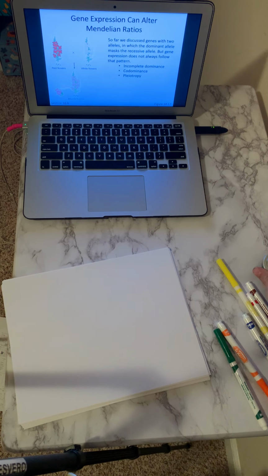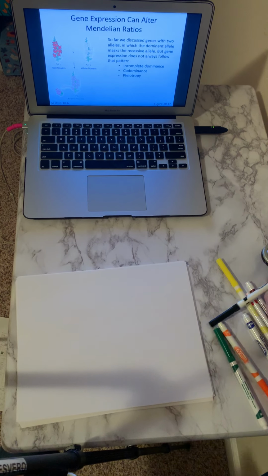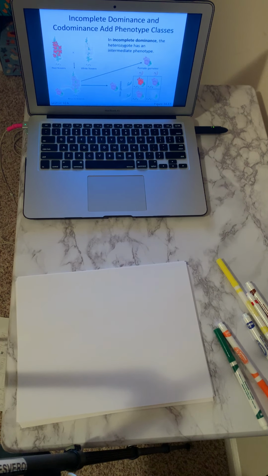Here is an interesting little concept that can sometimes occur in genetics. This explains why sometimes you get organisms that look a little different than both of their parents. In this case, you can have something called incomplete dominance, codominance, or pleiotropy.